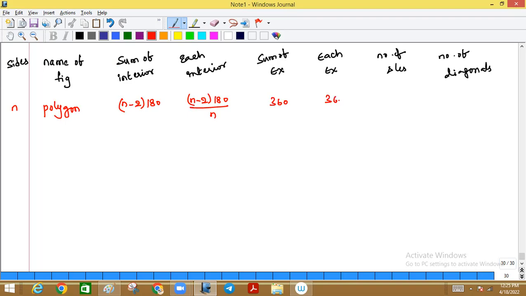Each exterior angle is 360 by n. Number of diagonals is n into n minus 3 by 2. I'll give the names for all: 10, 3, 4, 5. Let me fill this for these 3 first.